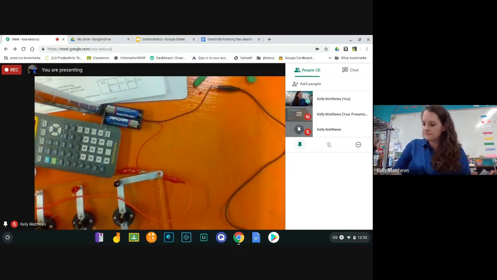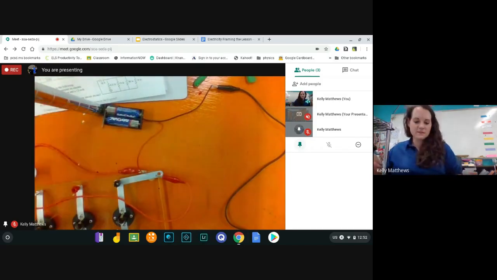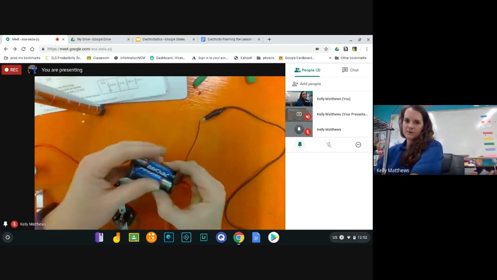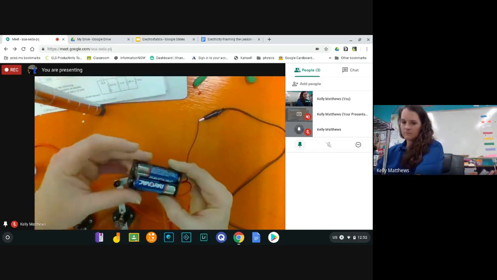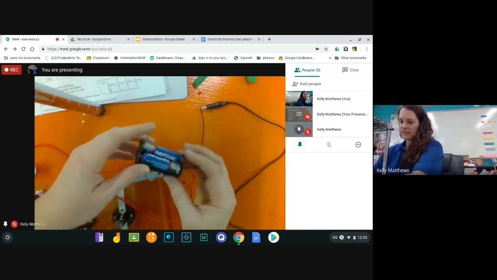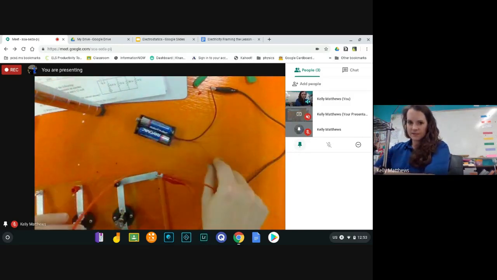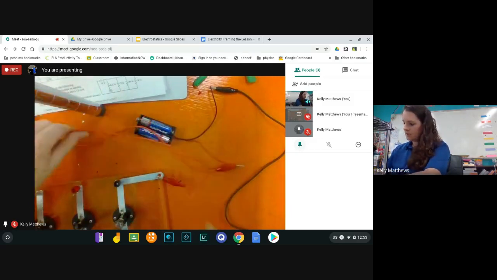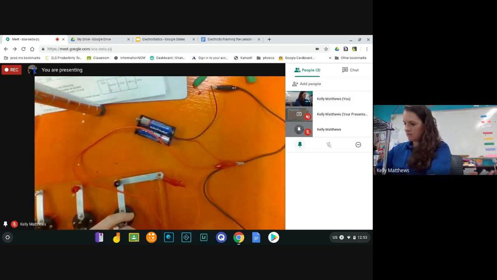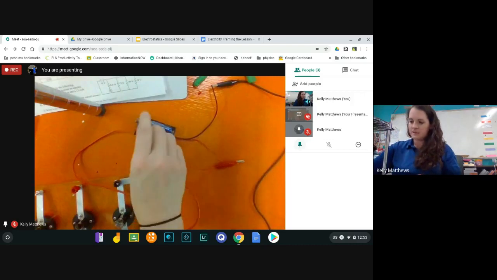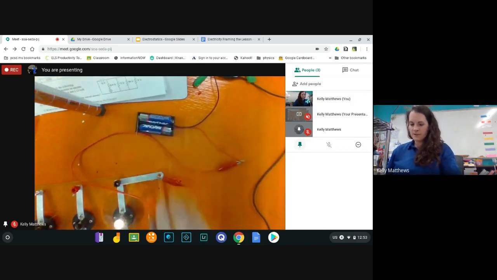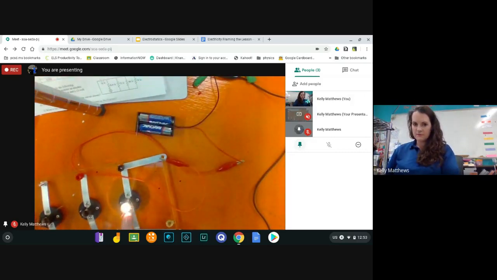And so this is one of the simplest series circuits that I could plug up. And so this battery holder actually has a switch of its own. And so we have a wire connecting from the battery holder to one end here. And we're going to connect the other wire. And it's not working yet because the switch is closed. And so hopefully you can see the light bulb is shining.